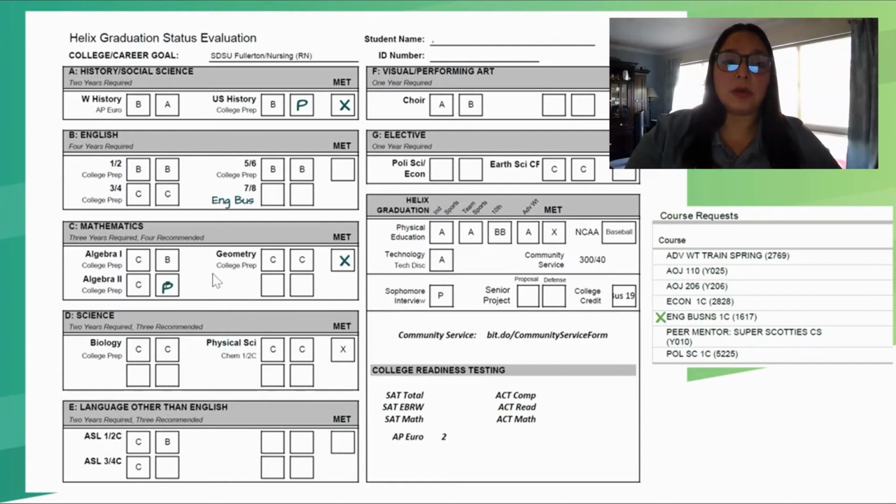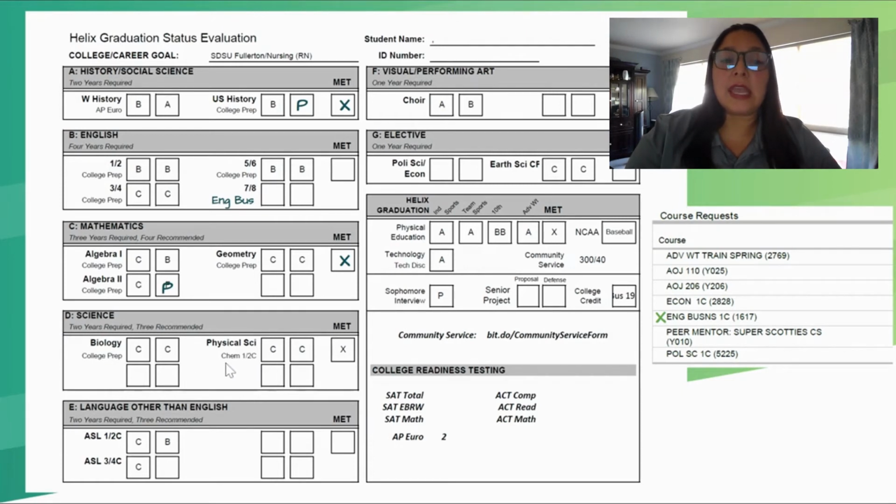There are boxes open for a 4th year of math, and many of you have opted to take statistics, and we are going to encourage you to continue with that class for senior year. This student has not opted to take any further math classes, and therefore it's not listed on the list of course requests.